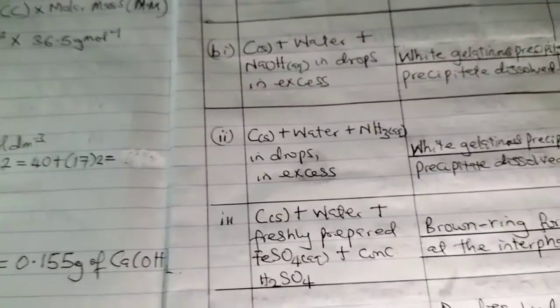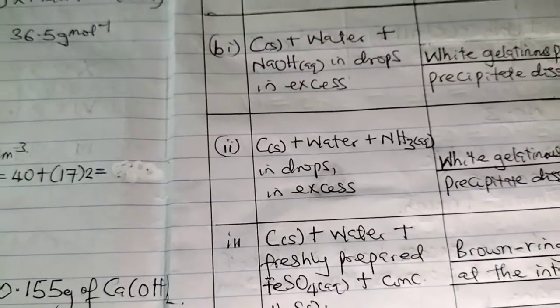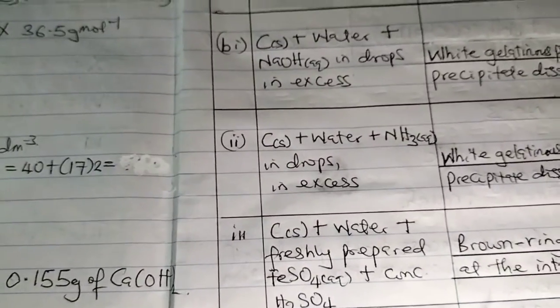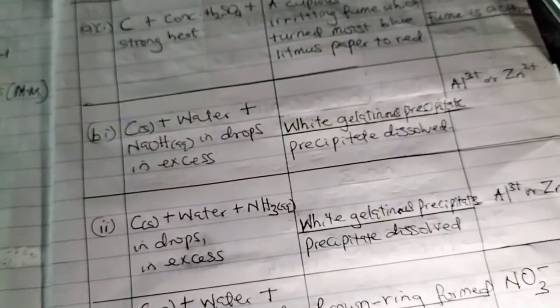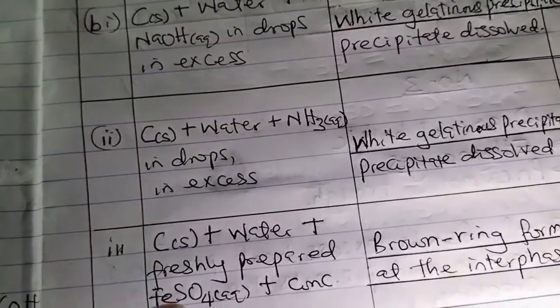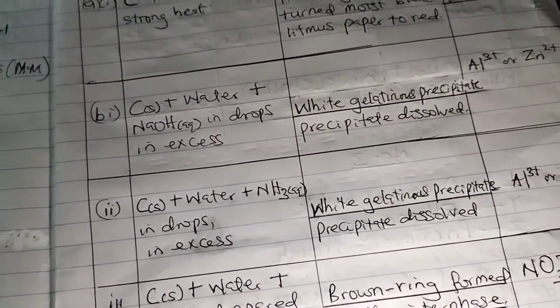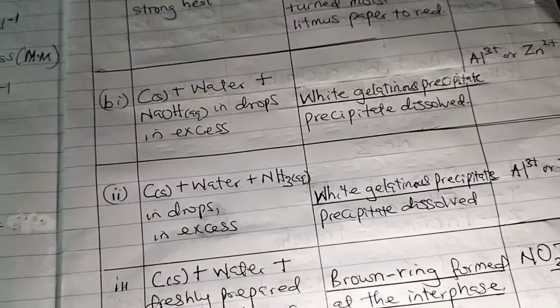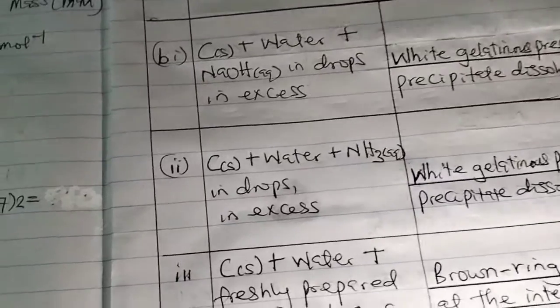When I go to BII, that says C solid plus water plus aqueous ammonia in drops, in excess, the observation is unknown. We fill the observation, which is white gelatinous precipitate, in line with in drops.